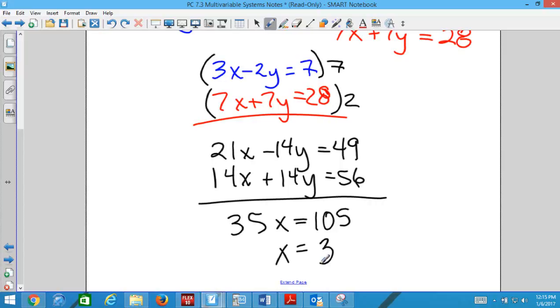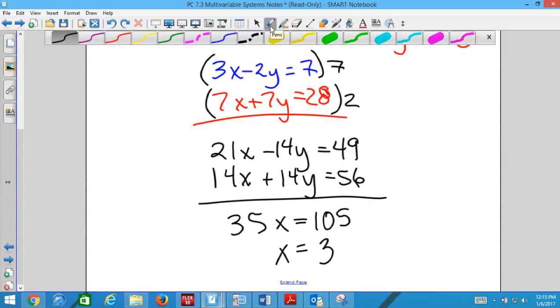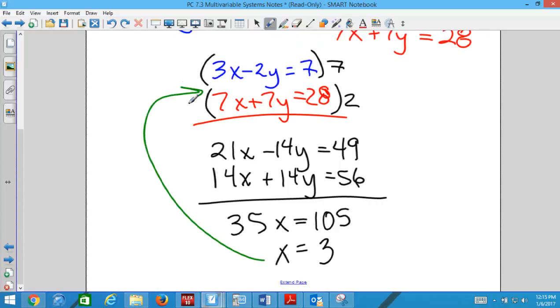Once you have one of the numbers, we're going to take that one that we know and put it in an equation that only has x and another variable in it. So we're not going all the way back to the beginning yet. We're going to take that x equals 3 and put it into one of these two equations, because those have just x and y in them.